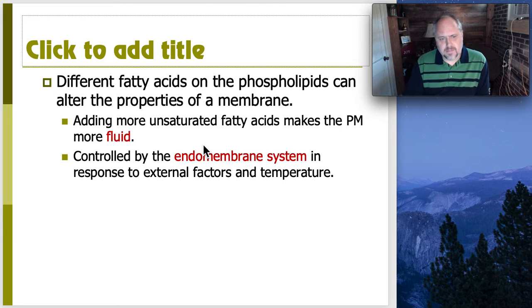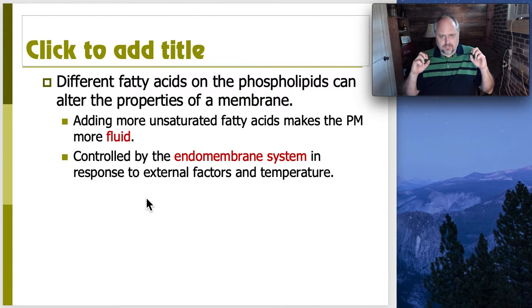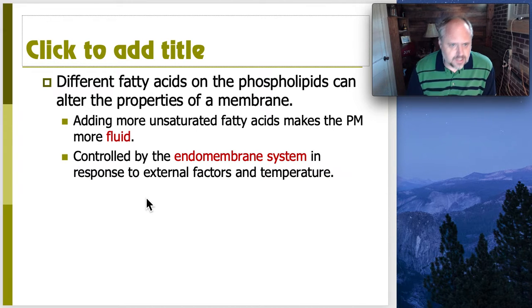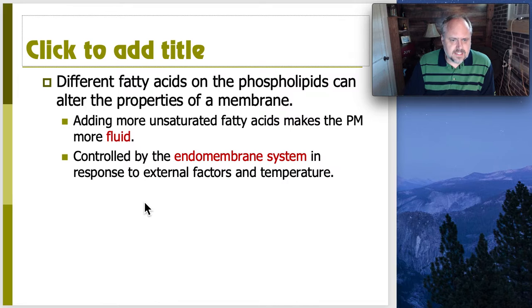Other components of the membrane will be contributed by other organelles as well, and largely the nature of the plasma membrane is going to be responsive to things that are going on outside, and to a certain extent the temperature that the cell finds itself in. So the plasma membrane is not just a structure that stays the same all the time. It's very dynamic, and the cell will change it depending on the conditions it finds itself in.